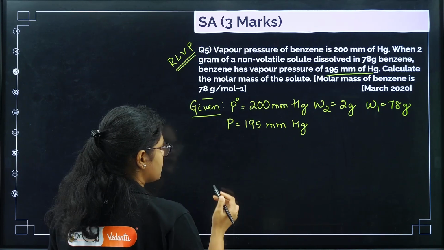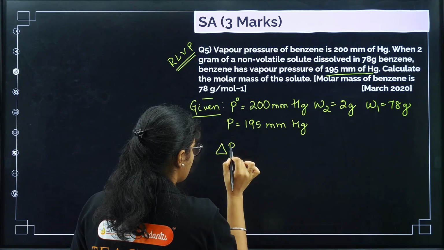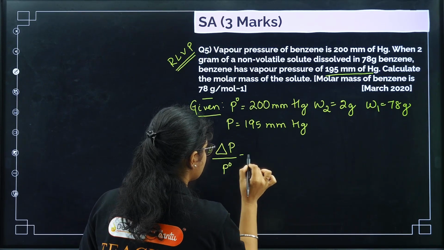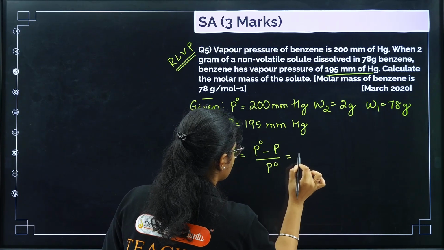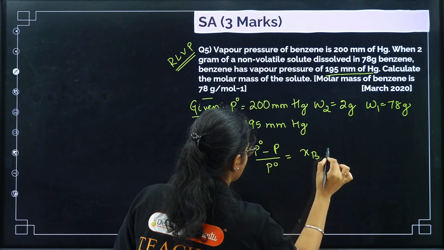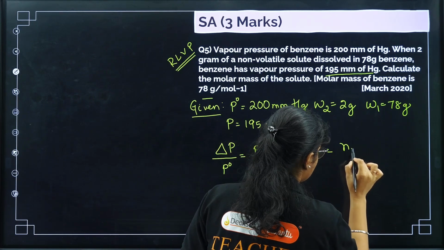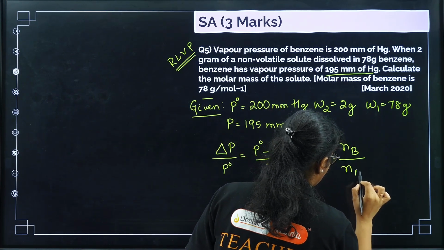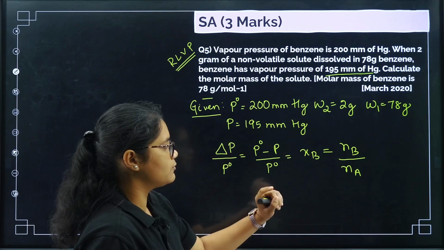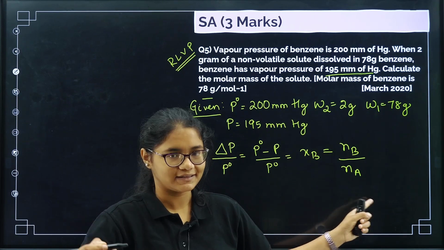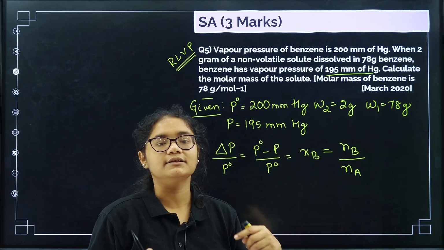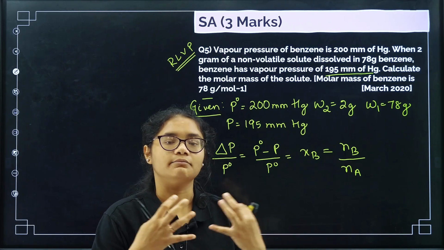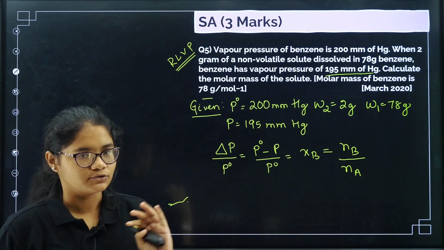Molar mass of the benzene is given to you. So next we need to write the formula. So delta P by P naught is equal to P naught minus P by P naught is equal to XB is equal to NB by NA. So generally in this formula we need NB by NA plus NB, right? But we can ignore this NB in the denominator when the amount of solvent is much more than the amount of the solute, right?